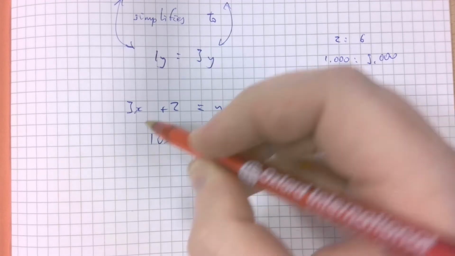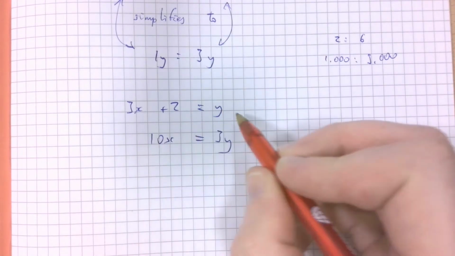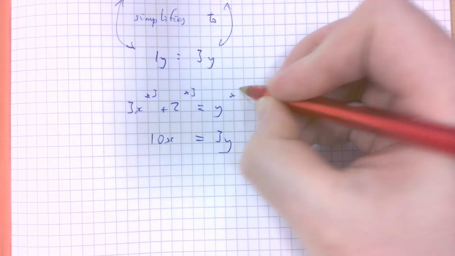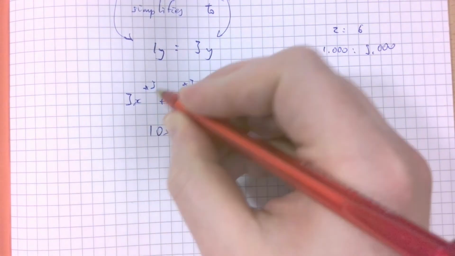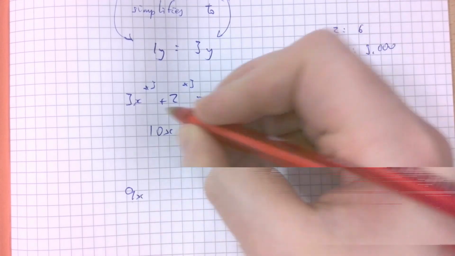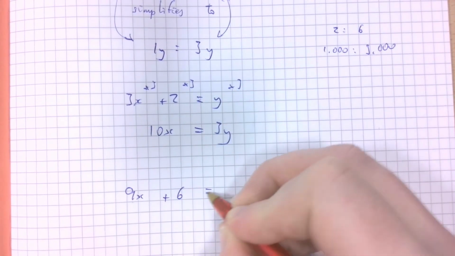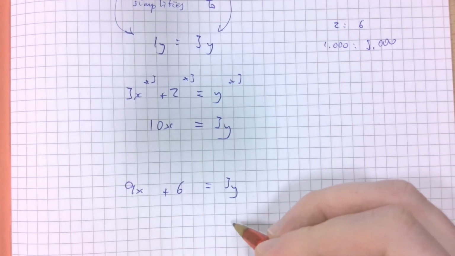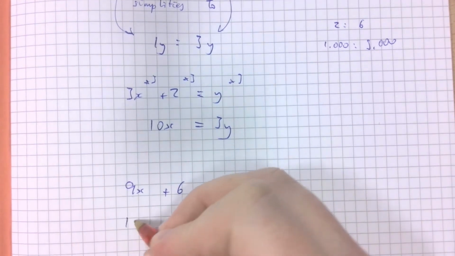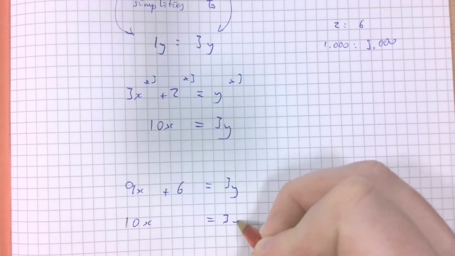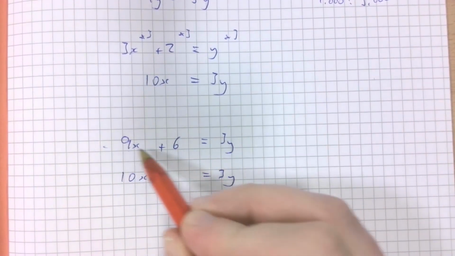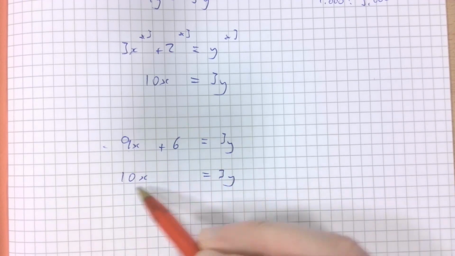simultaneously, okay? I'm going to write the first one again, but everything in it will have been times by 3. So I end up with 3x times 3, 9x, 2 times 3, 6, and y times 3, 3y. Okay? And then if I include this 10x equals 3y, I can effectively subtract this one from this one.